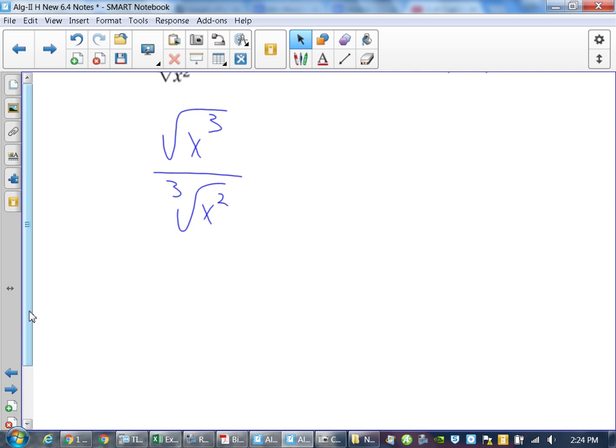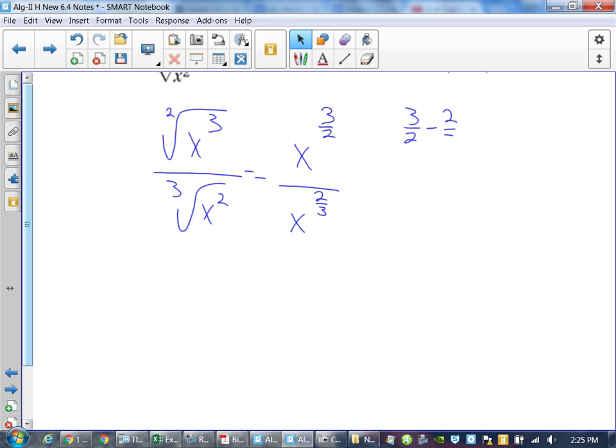The nth root here is what? 2. So this is x to the 3/2 over x to the 2/3. What's bigger, 3/2 or 2/3? 3/2.